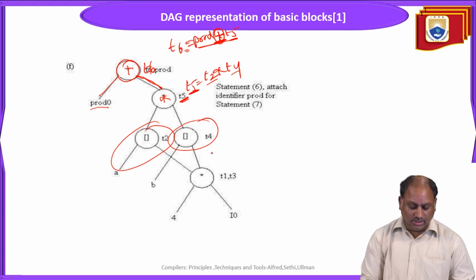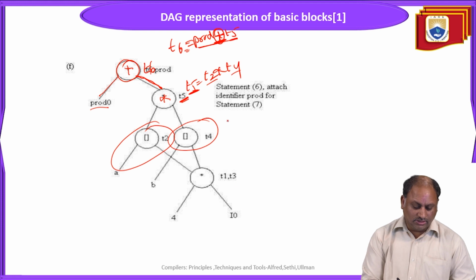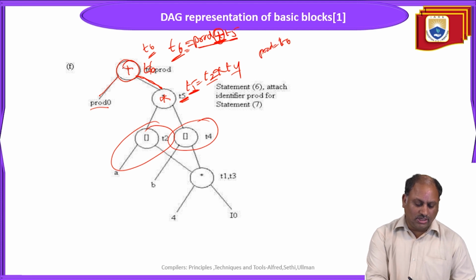So here once again we are going to perform the operation, and the final result, the entire result, is stored in T6. So T6 is the final result, and this is assigned to prod equal to T6. And if there are any assignment levels, then we are going to perform one more level up with the corresponding node representation and label it.